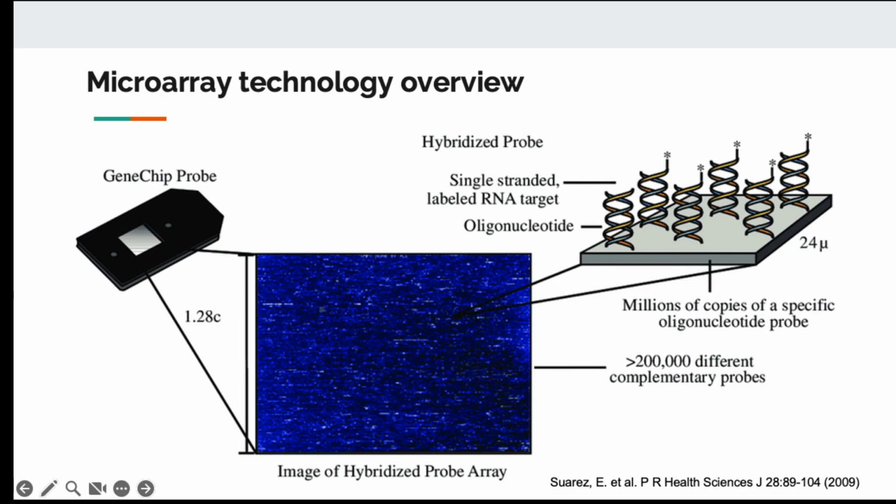So each location, each pixel or each cell on the chip, corresponds to one design or one target nucleotide. That's why we call this oligonucleotide microarray. It consists of oligonucleotides, like an oligomer of nucleotides, on an array, and it's very small. So that's why it's named this way.